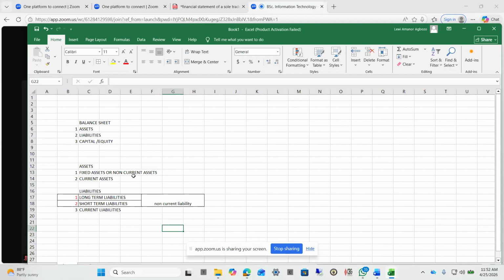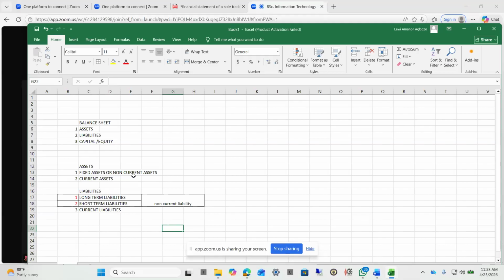Current assets are those assets that can easily be turned into cash, or quickly be turned into cash. So cash itself is a current asset. Bank balance is a current asset. Your debtors, you can easily collect your money from them. They are also current assets. Is that okay?